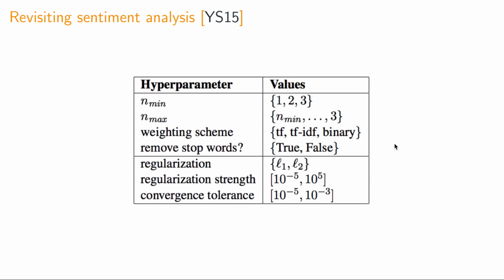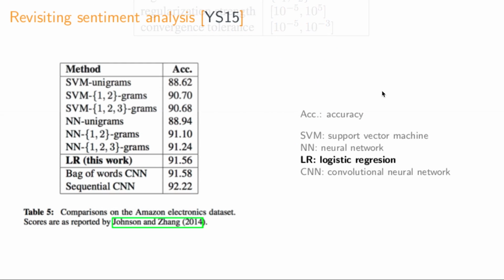So the authors wanted to look at the end-to-end tuning of this very simple setup by also trying to optimize whether a weighting scheme was necessary, whether one wants to remove stopwords, what was the size of the n-grams to be used in the predictive model. And somewhat surprisingly, once we do this end-to-end tuning, what we observe is that a simple logistic regression with classical text features was competitive with state-of-the-art deep learning techniques at the time.